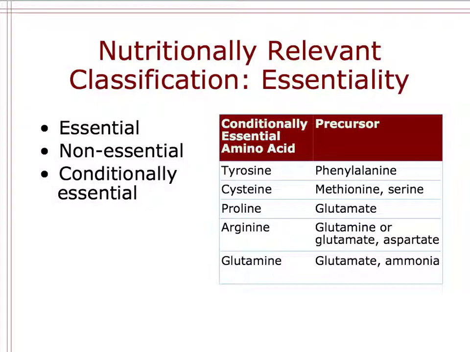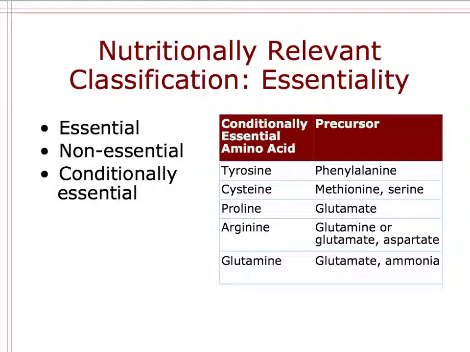So an essential amino acid is something that we don't have the ability to make. We need to get that through food. A non-essential amino acid would be an amino acid that our body can make. And a conditionally essential amino acid basically means that as long as we have the building blocks or the precursors to make that amino acid, then we don't need to get it through food.